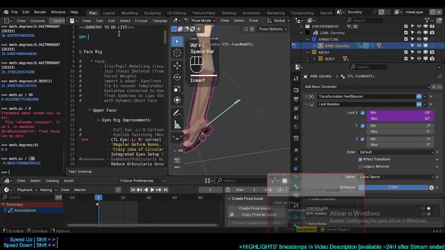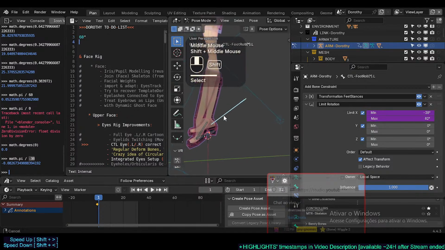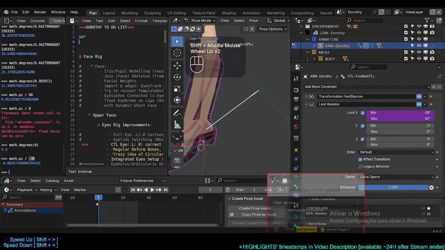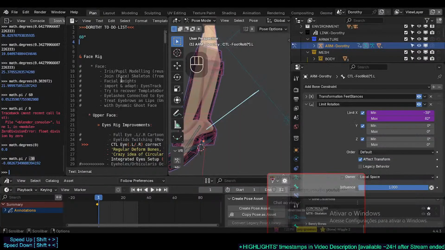So 60 degrees is... this needs a lot of concentration.